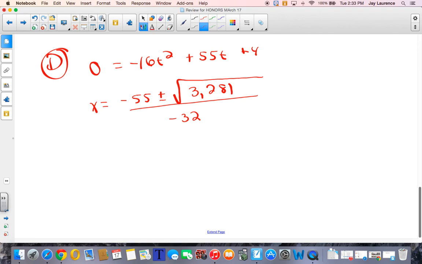So now I can go negative 55 plus the square root of 3281 divided by negative 32. And I get the negative time, which I'm not interested in because that's before it's in their hand. And then minus gets me about, or t would be about 3.51 seconds.